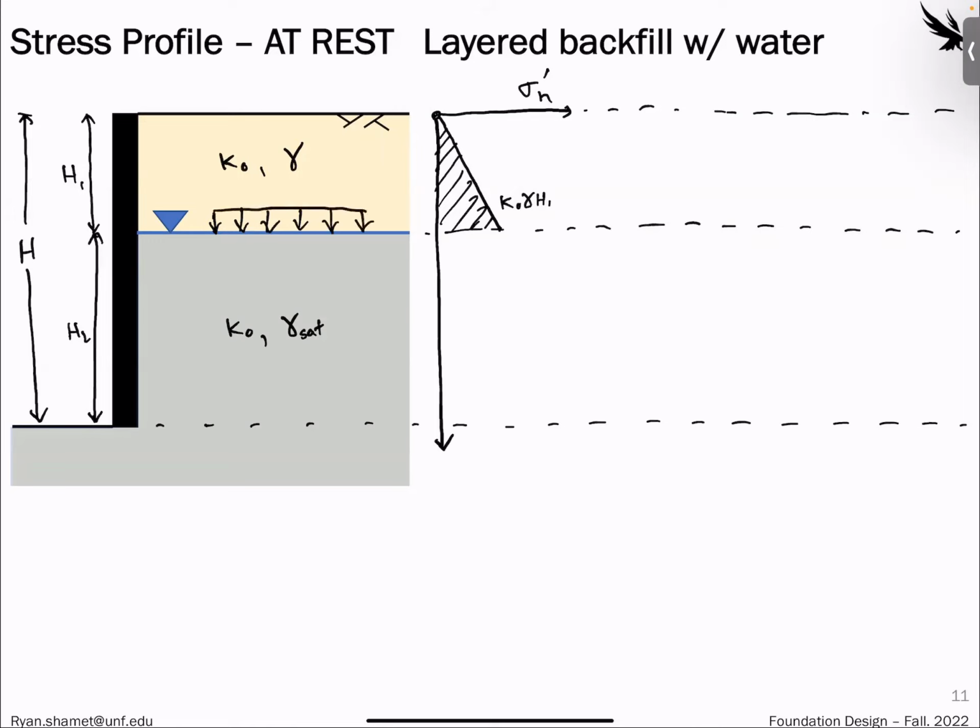So just picture that this second layer here is being treated like this first layer, that's dry soil. This is just a surcharge on top of it. Then we know that it will have a consistent value underneath this right here. And so that's from the first layer. Of course, we have at-rest conditions here from the soil moving down further.